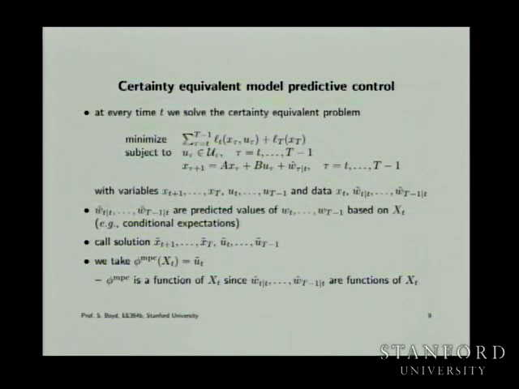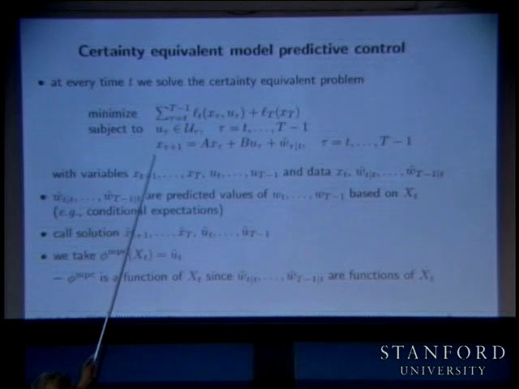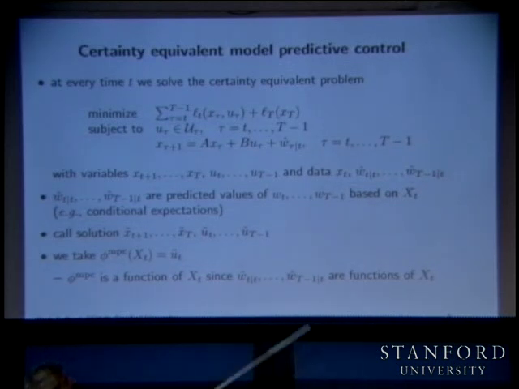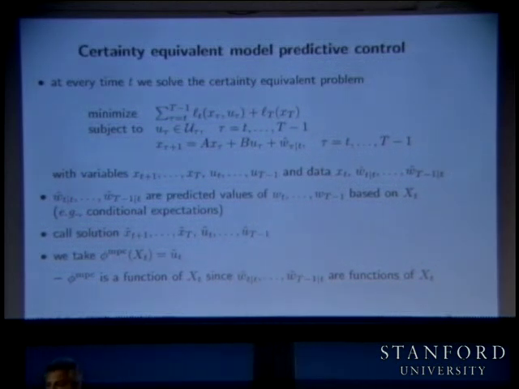It's time t. You have observed a state trajectory, which is utterly irrelevant up here, except in one term only. You've observed a state trajectory x0, x1, up to x little t. Based on that, you form a prediction of what the future disturbances are going to be. If they're independent, that's just like the mean or something.